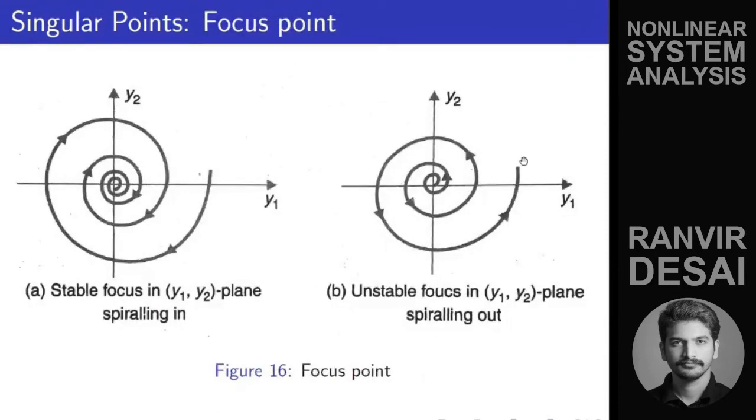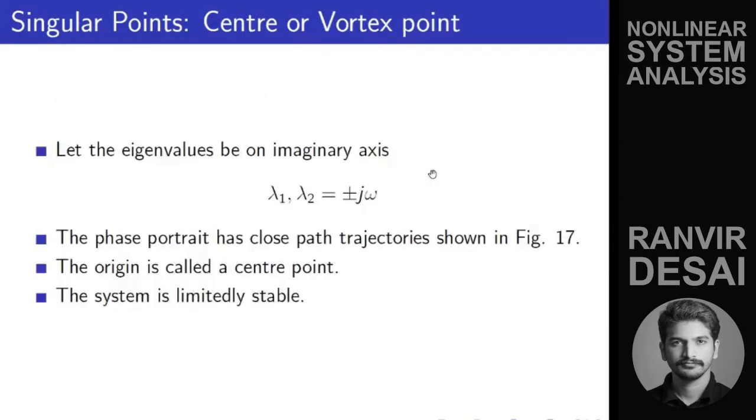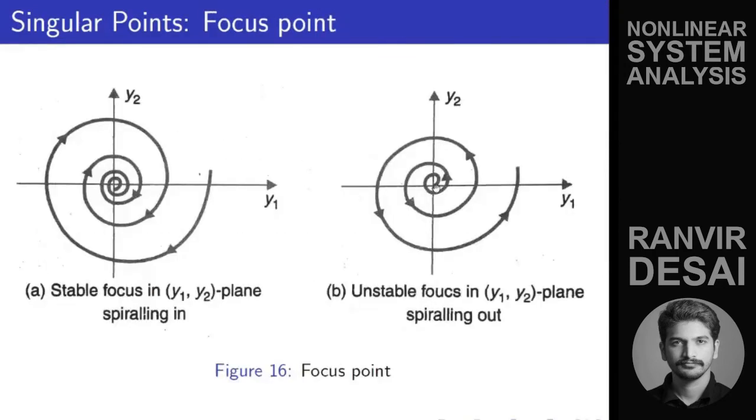This is a focus. Focus means two eigenvalues in the left half of the S plane. So they will have an oscillatory type of response, but they will spiral towards the center. As you can see, if you start from this point, it will go towards the origin. 16b is unstable, of course; it is going outward.